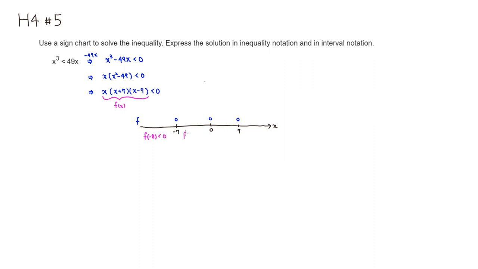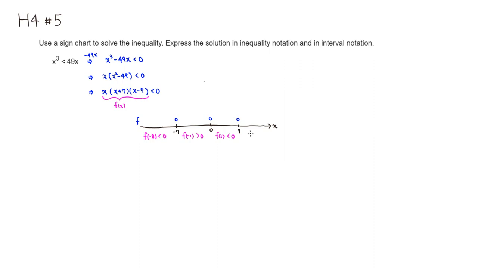If you try, say, between -7 and 0, I'll try -1. So x is negative, x plus 7 is positive, and x minus 7 is negative. Negative, positive, negative is going to be positive. And we can try f of +1. That's positive, positive, negative, so it's going to be negative there.